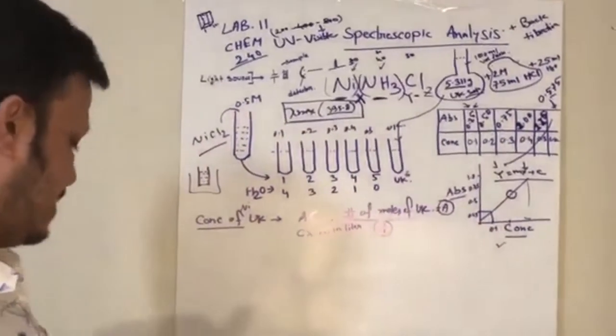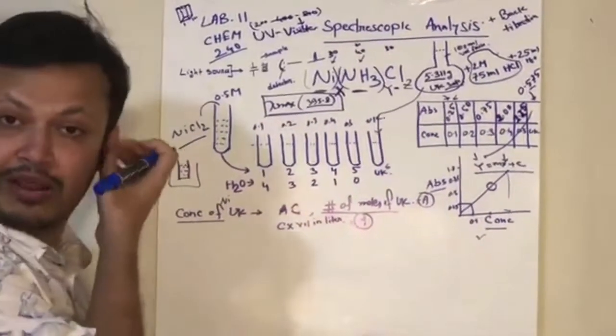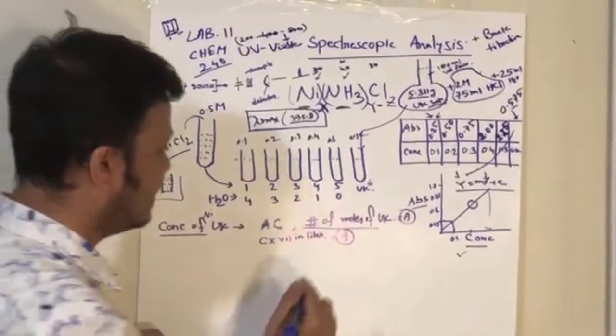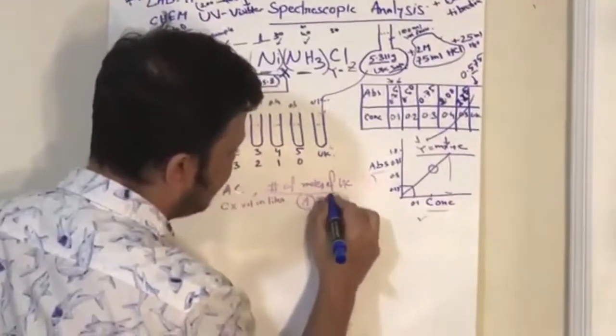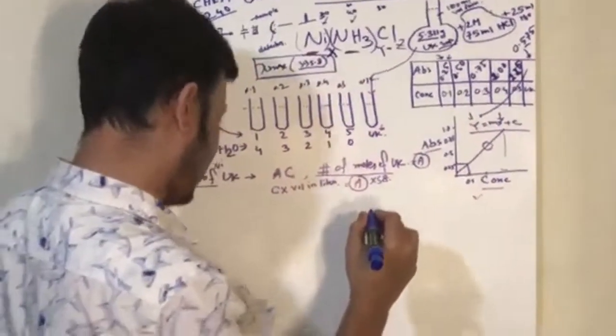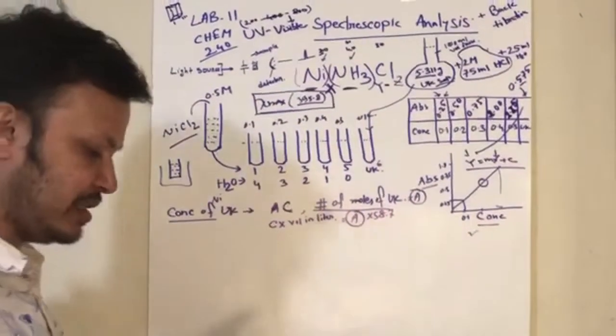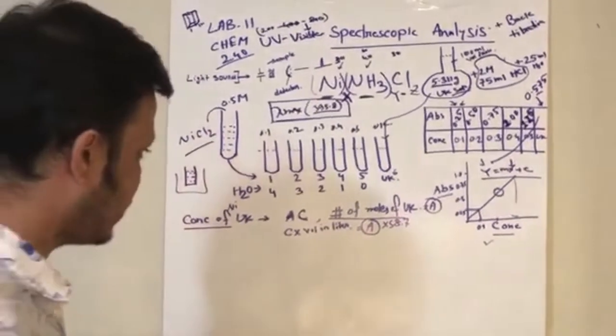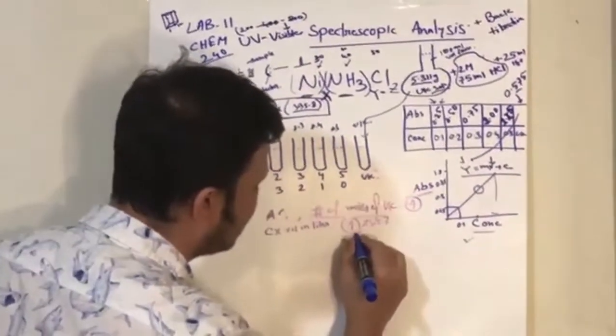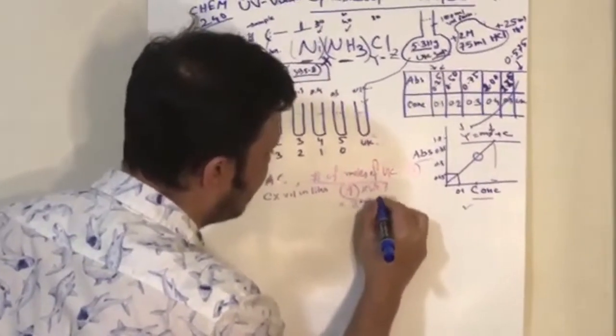You got it. So what is the molar mass of nickel? The molar mass of nickel is 58.7. If you multiply that, you are going to get the grams of nickel.